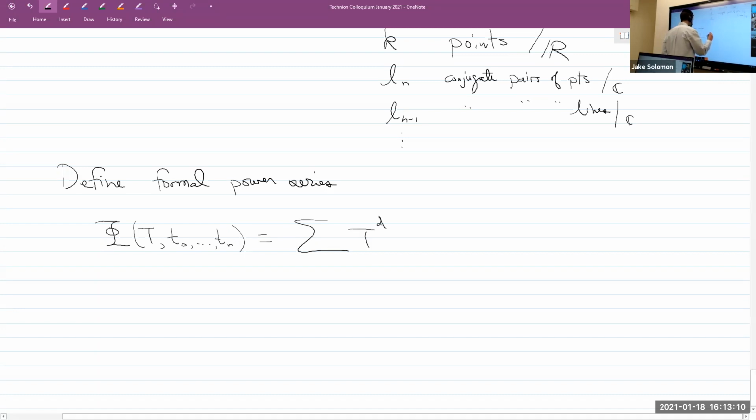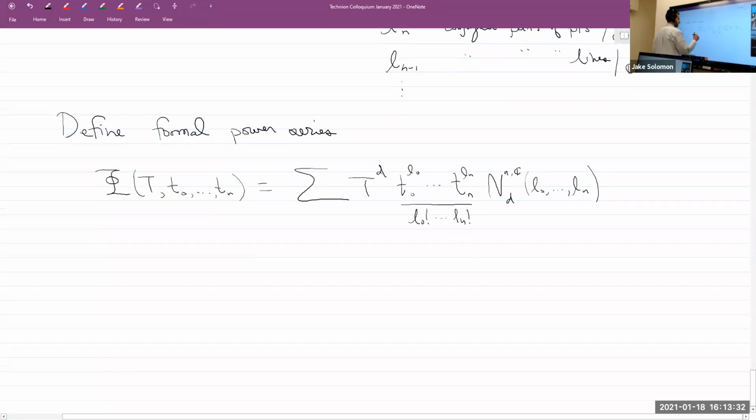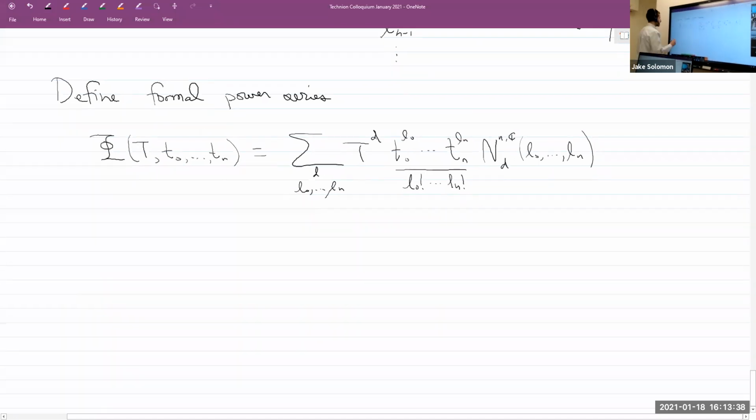So we have the sum over d and L0 to Ln of t0 to the L0 up to tn to the Ln, divided by L0 factorial up to Ln factorial, times N_{d,n}^C(L0, ..., Ln), and Omega.